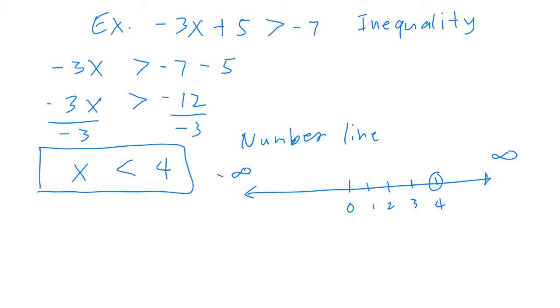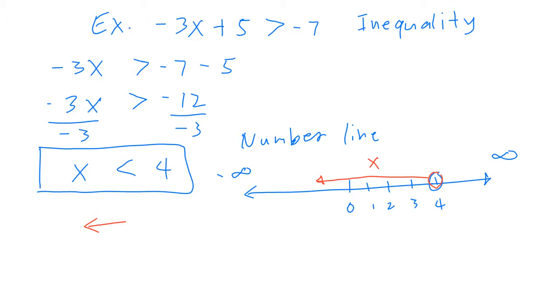And it is less than, so you can actually think about the symbol less than as like an arrowhead pointing to the left. So our answer now here, it's an empty circle, and then it's going to the left, and that would be our x values. So you can say that our x values here could be 3, 2, 1, or any negative numbers. So the lowest we can have is negative infinity.